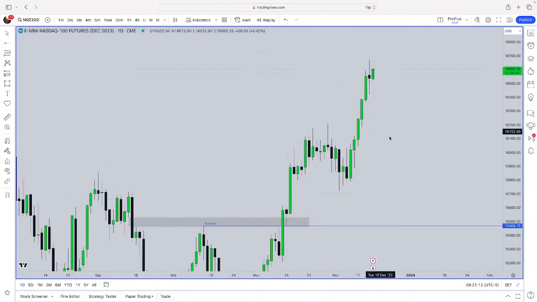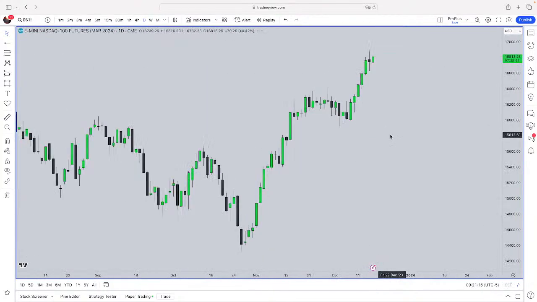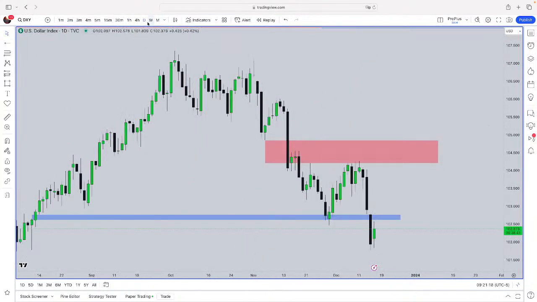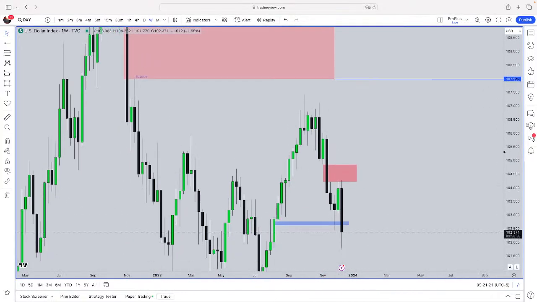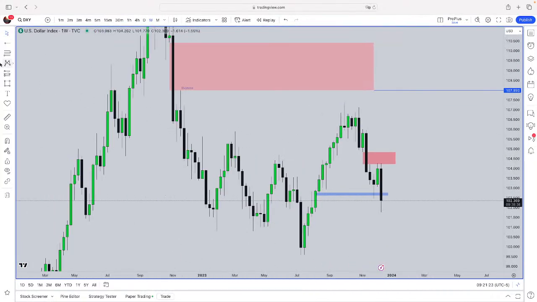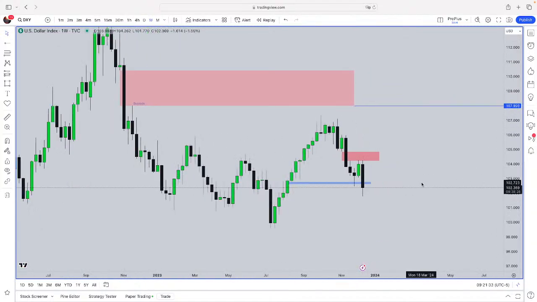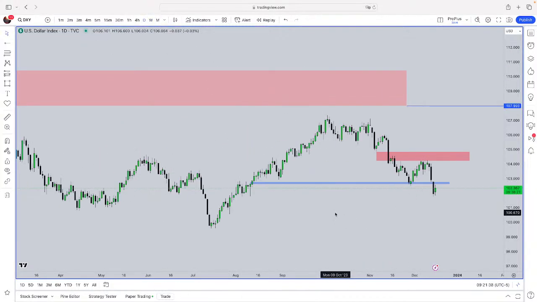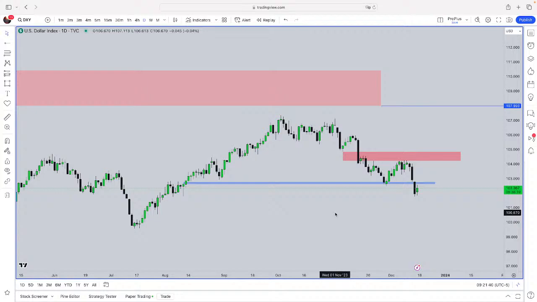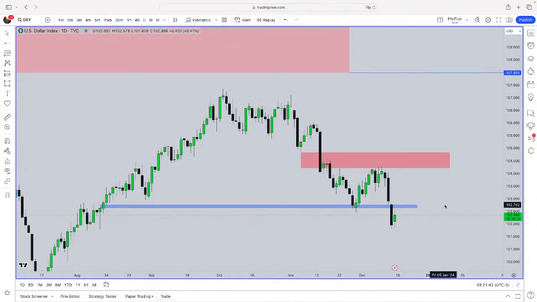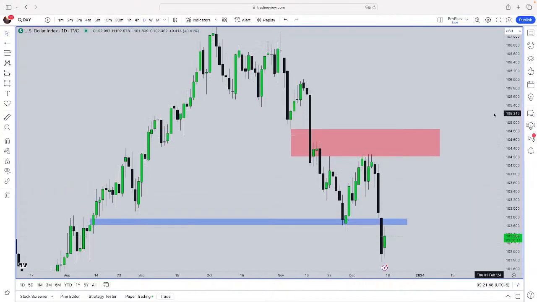I don't know if I've got an example, but if I did find one, it does react really nicely. So yeah, midpoints of wicks on the high time frame. Add that into your lower time frame chart and see how it reacts really nicely.